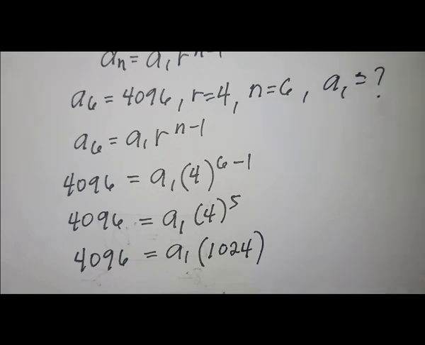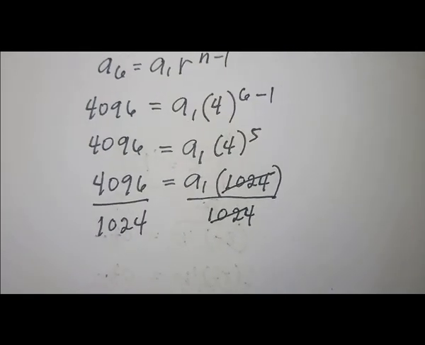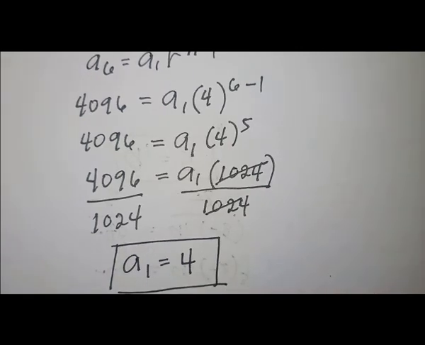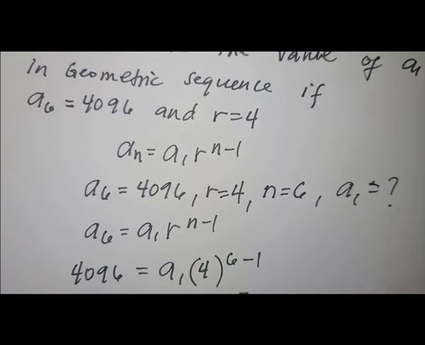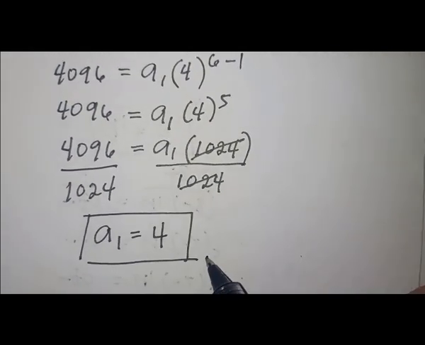Okay, so para mahanap natin yung value ng a sub 1, let us divide both sides by 1,024. Cancel out na to. So 4,096 divide 1,024. Therefore, a sub 1 is equal to 4. So it means the first term from the given sequence is positive 4.